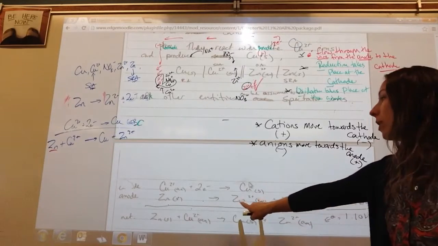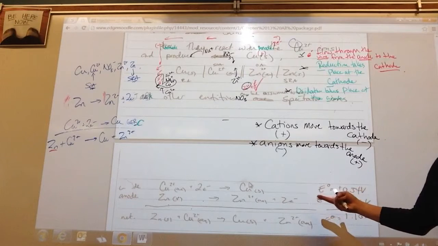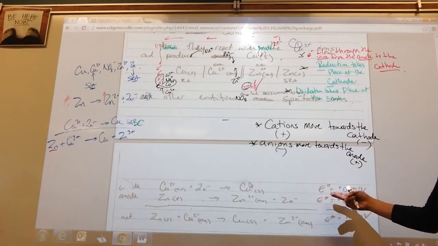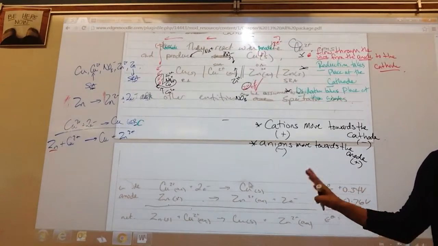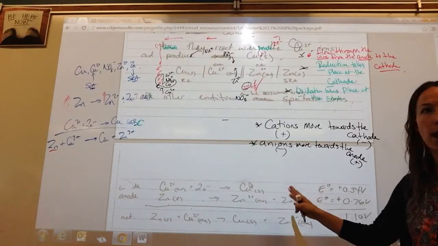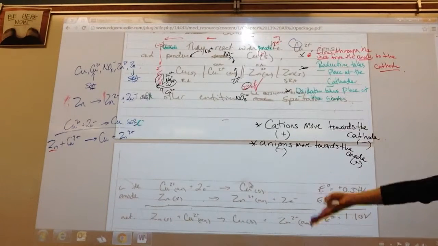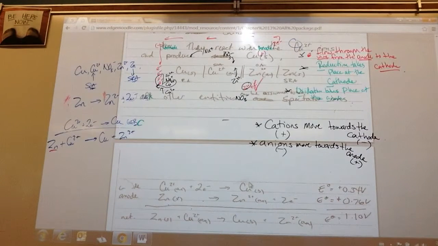But I'm writing it flipped, so what do I do to the sign? Flip it. And then I can add them, just like my delta H now. Writing the reaction, flip the sign, add those two half reactions. And I get positive 1.10 volts in this battery.